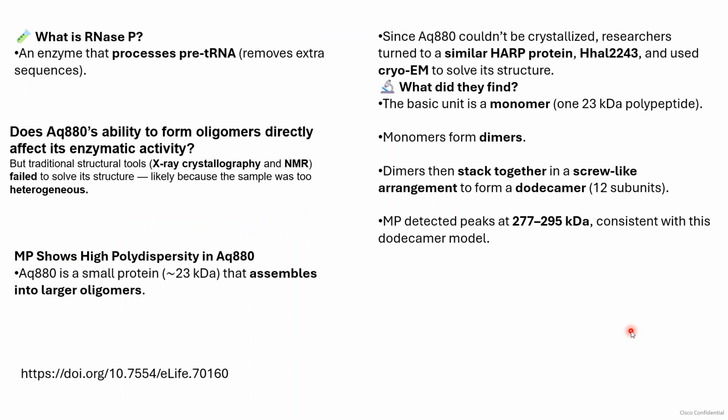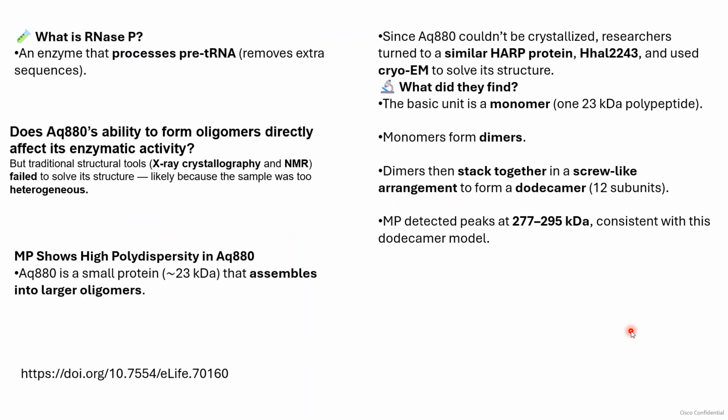RNase-P like Aqua 880 is very hard for traditional methods to get the structure through X-ray and NMR. It failed to resolve its structure, likely because the sample was too heterogeneous. It forms various higher oligomeric forms, which is very difficult to resolve through traditional methods.